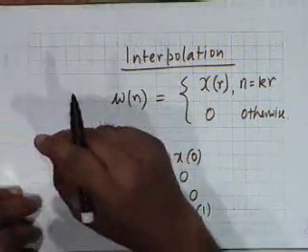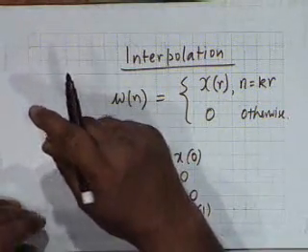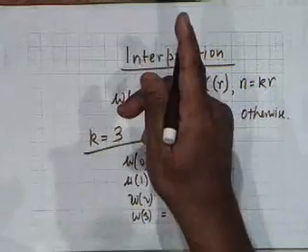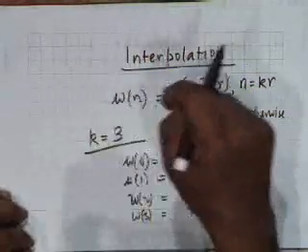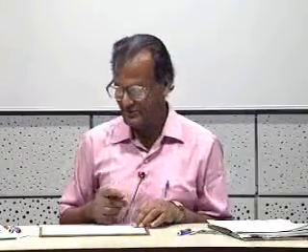Are we ignoring some samples of x? No. What we are doing is, in between we are putting some samples. So this is indeed a process of interpolation. That is, what we are trying to do is to find out a new sequence, some of whose samples are to be created. And what do we do for creation? The safest thing is assume them to be 0. This is a process of interpolation.